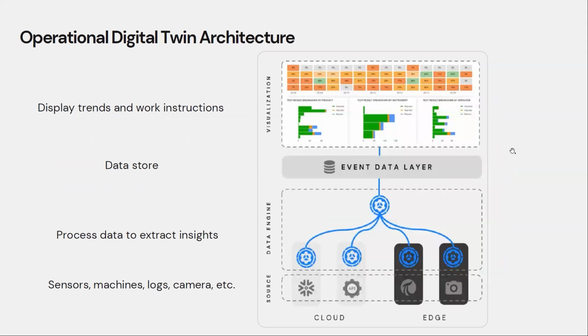This slide shows an architecture of an operational digital twin solution. It is actually fairly simple from an architecture perspective. So first, at the bottom, you have the physical data sources. They can come from sensors, machines, controllers, log files, or even video cameras.